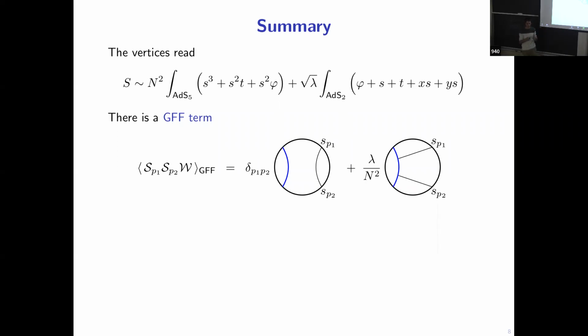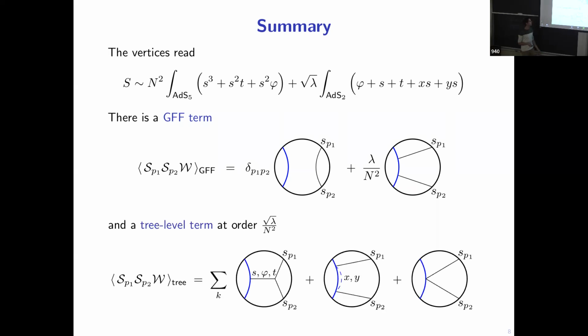But again, there's no interaction in the bulk. So these 2 things factorize, so you can subtract them from the full correlator. And the leading non-trivial correction to the correlator, maybe you could even call it the connected part of the correlator, contains these diagrams.